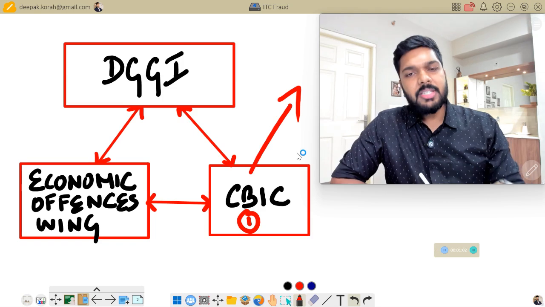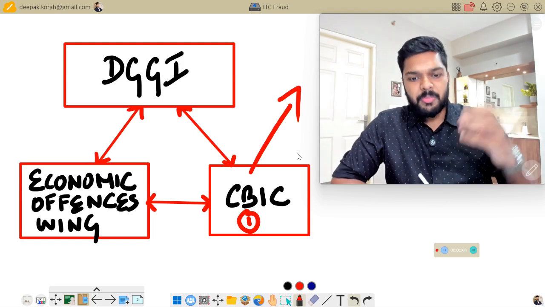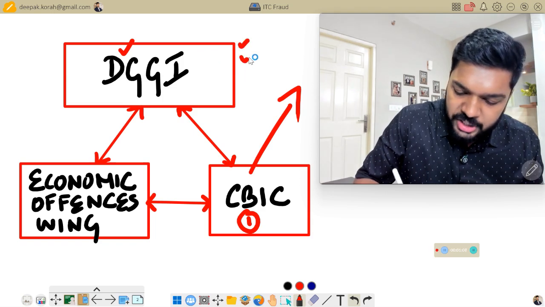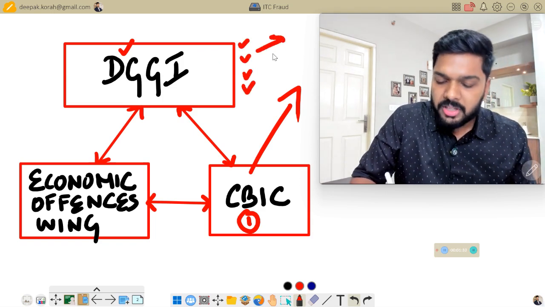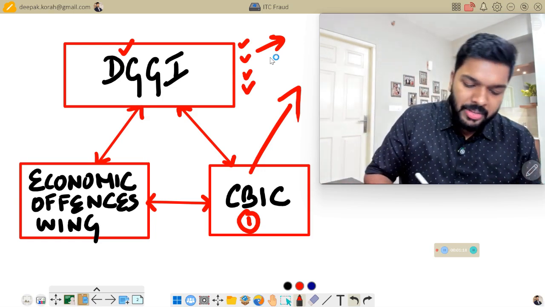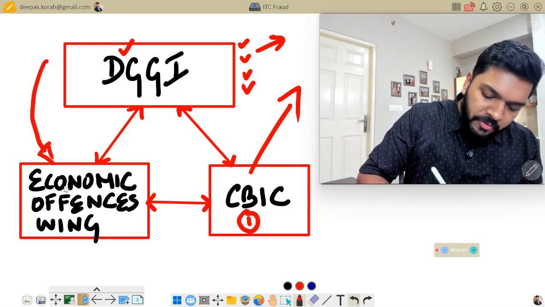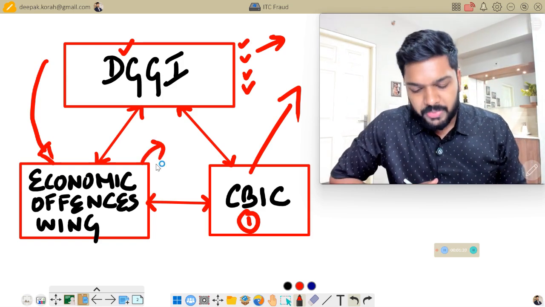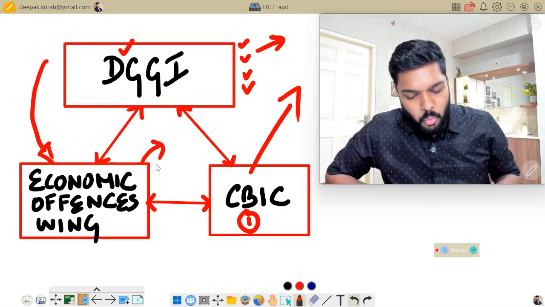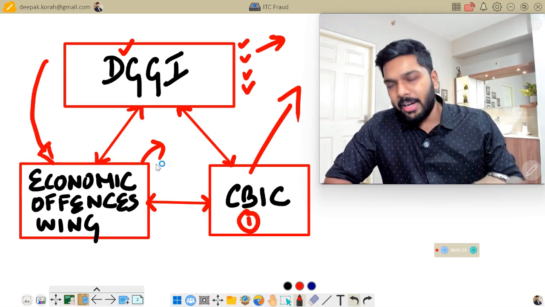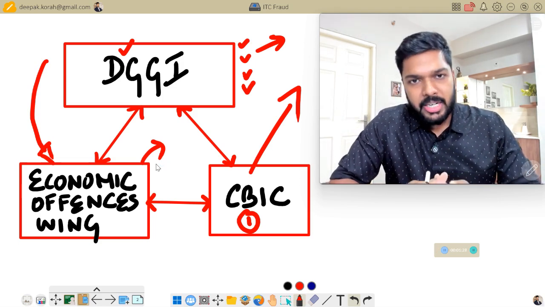And then once the fraud becomes grave, it becomes big, you have the Directorate General of GST Intelligence, which is in each particular state going after the high value, highly sensitive material GST fraud cases. They join hands with the Economic Offences Wing and try to unearth the entire GST fraud. So you have these three bodies working together in tandem with each other, trying to unearth a particular GST fraud.